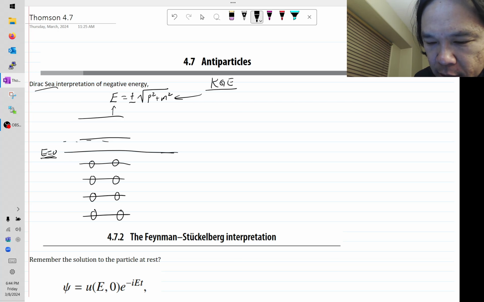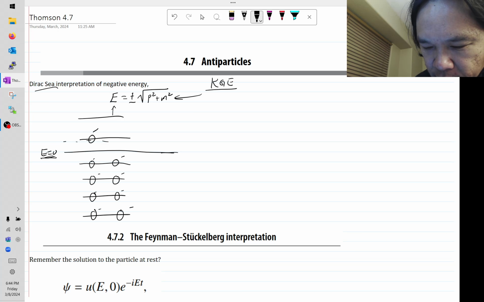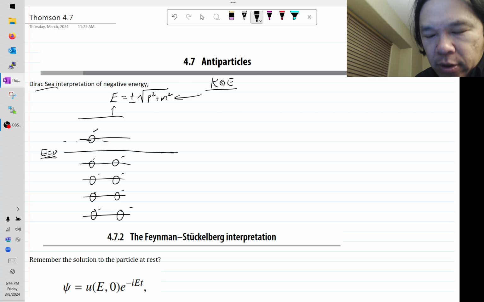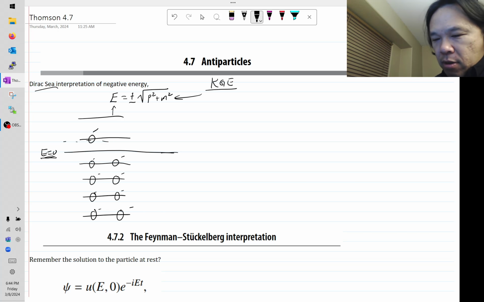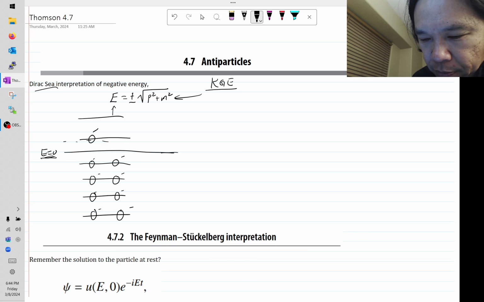Since these states are occupied, if you have another electron, pretend all these are just electrons, sitting up here, there's no space for it to occupy the negative energy state, therefore it occupies the positive energy state. And that kind of makes sense, right? So you just have a sea of negative energy that's all filled up.